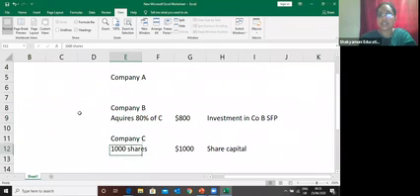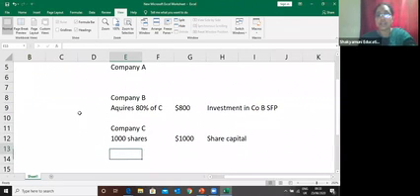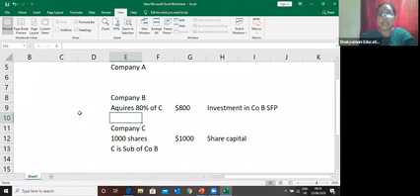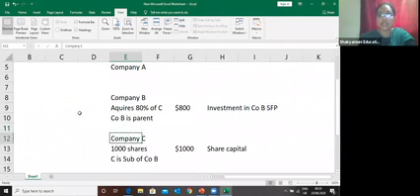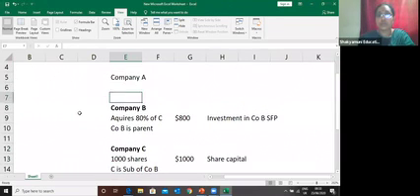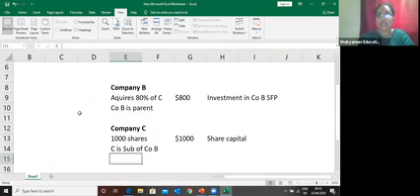So in such a case, company C is a subsidiary of company B, right? Company B is a parent and company C is a subsidiary of company B. Now here we know company B is a parent and company C is a subsidiary.